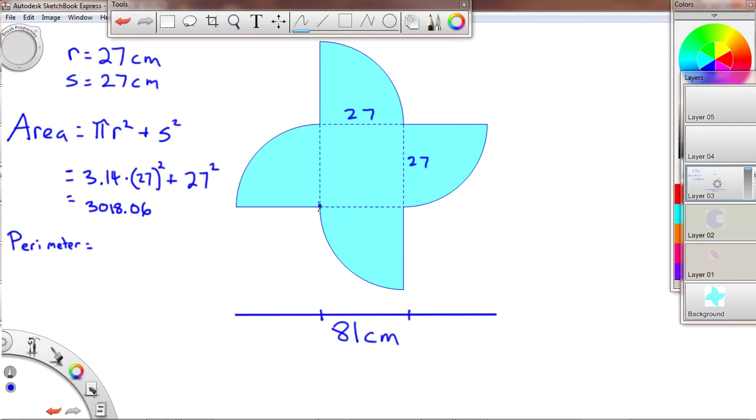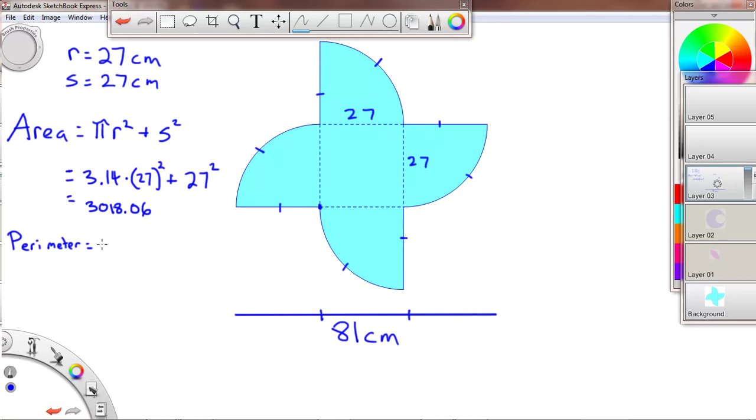So let's say I start here. I'm going to have to walk all the way around the shape. So I'm going to have to walk across this curved line, get to here, straight line, curved line, straight line, curved line, straight line, curved line. And then I'm back to where I started. So let's see, that's 1, 2, 3, 4 straight lines.